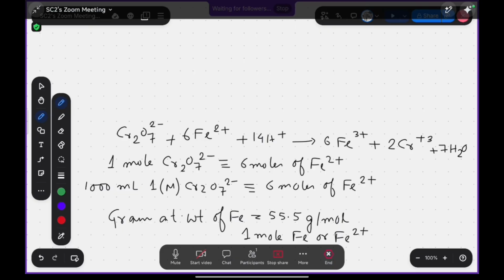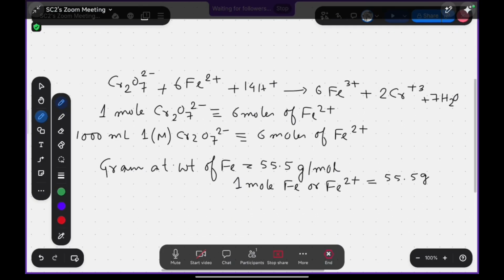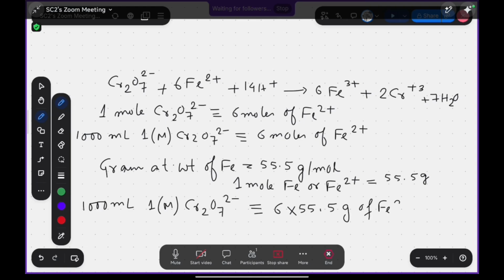The oxidation state does not affect the molar mass. So 1 mole of Fe or Fe2 plus is 55.5 gram. If you modify the statement, it becomes 1000 ml of 1 molar potassium dichromate, or dichromate ion, is equivalent to, just converting the moles to weight, 6 into 55.5 gram of Fe2 plus. Just use it from the balanced equation.